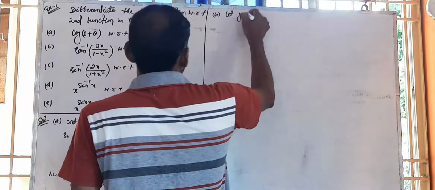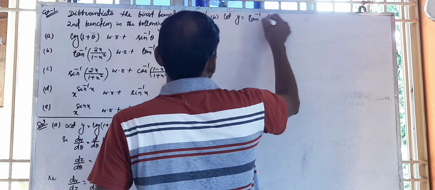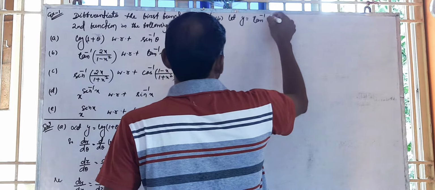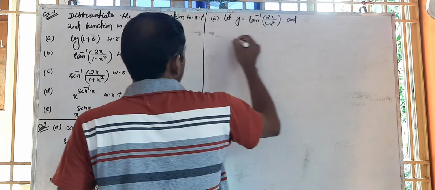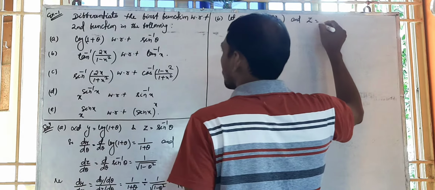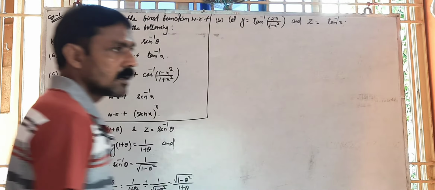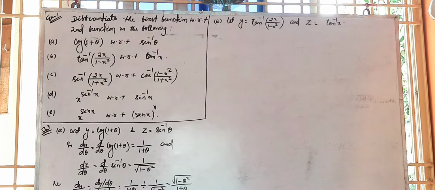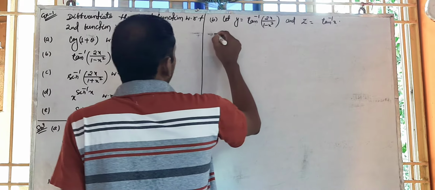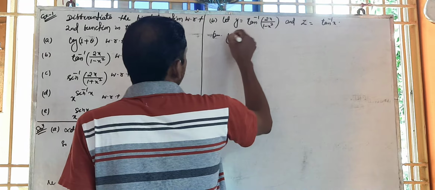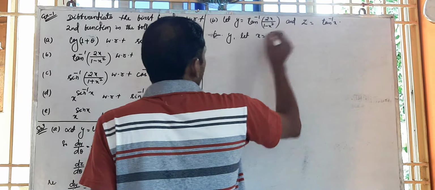Similarly, next, y equal to tan inverse of 2x by 1 minus x square and z equal to tan inverse x. Now first of all you find dy by dx. Now here for y, let x equal to tan theta.